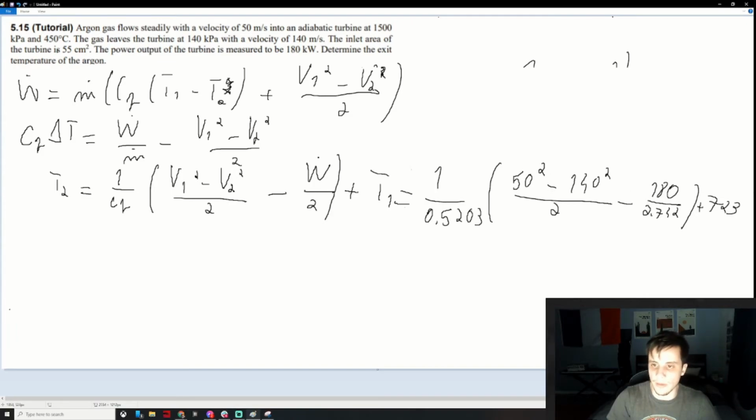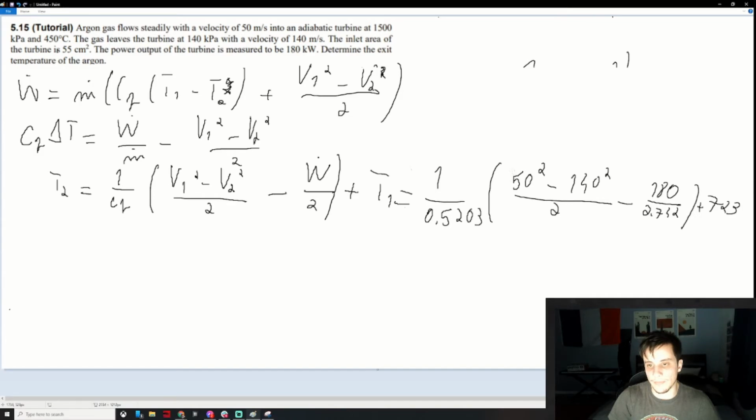Now, just a quick reminder, we can either change the work, since it was in kilowatts and we're dividing by mass flow rate, it'll be converted into kilojoules divided by kilograms. So either we convert this to joules divided by kilograms, or we convert the kinetic energy from joules divided by kilograms to kilojoules divided by kilograms. And that's normally the way we go about it.